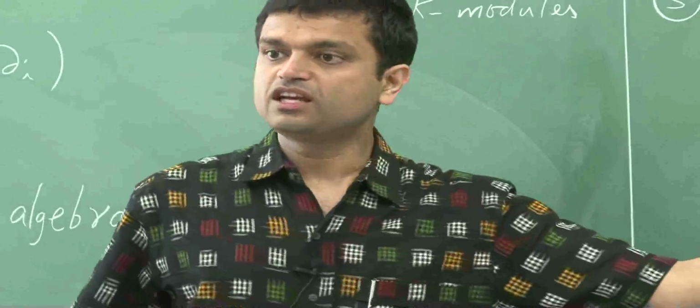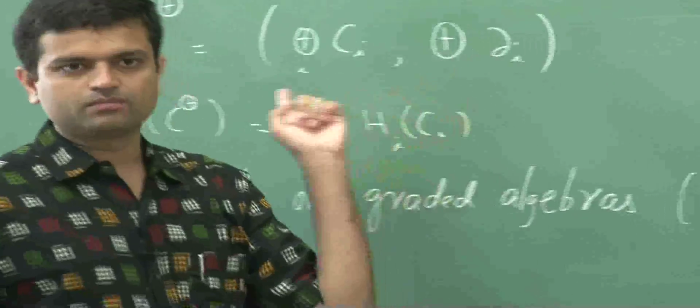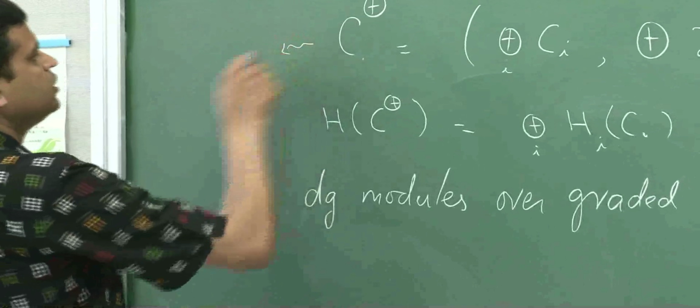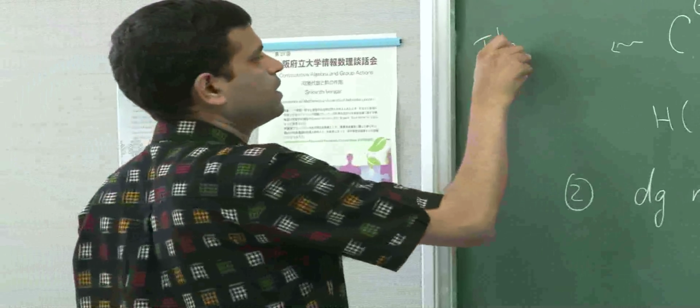For example, if M is indecomposable, it can't come from totalizing a complex like this.